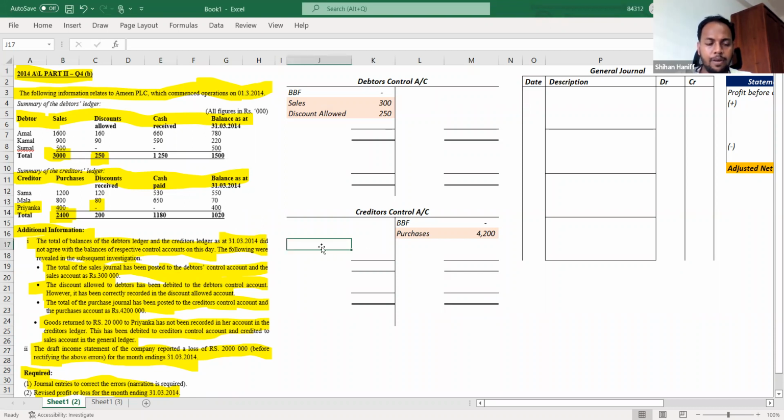So we will debit return outwards. That is correct.